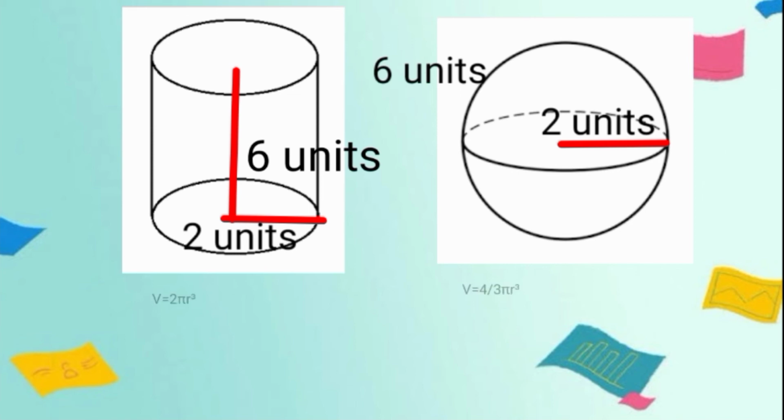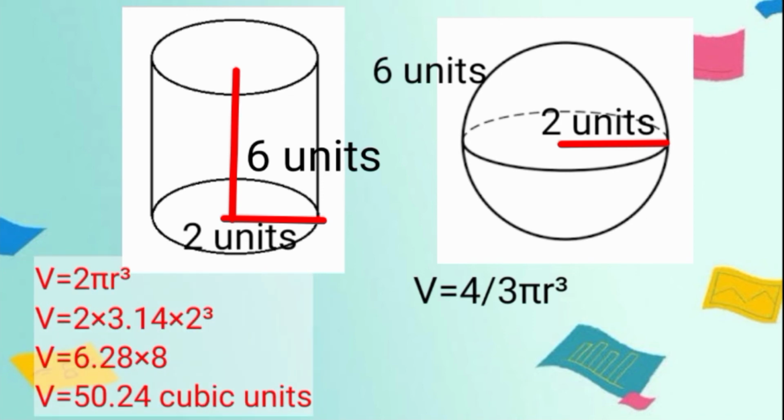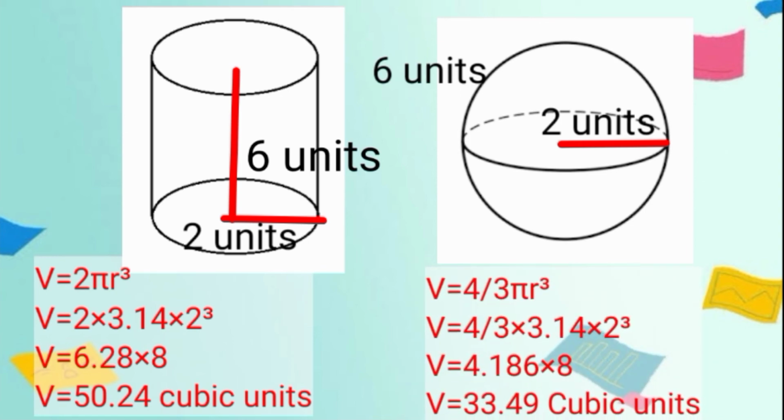If we are going to use the formula, we are going to get the volume of a cylinder, which is 50.24 cubic units, and for the sphere, which is 33.49 cubic units. So we have to remember that the volume of the sphere is two-thirds the volume of the cylinder.